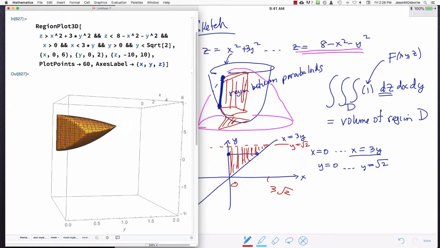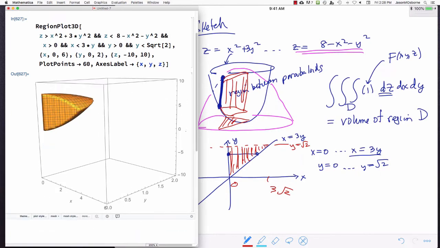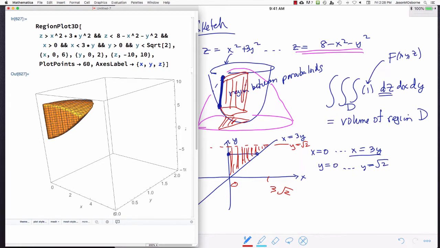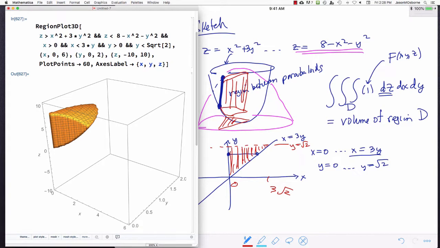Doesn't look like there's any negative values. So that triple integral should be the volume, and the z values always look positive, so I keep thinking that we should have a positive answer.